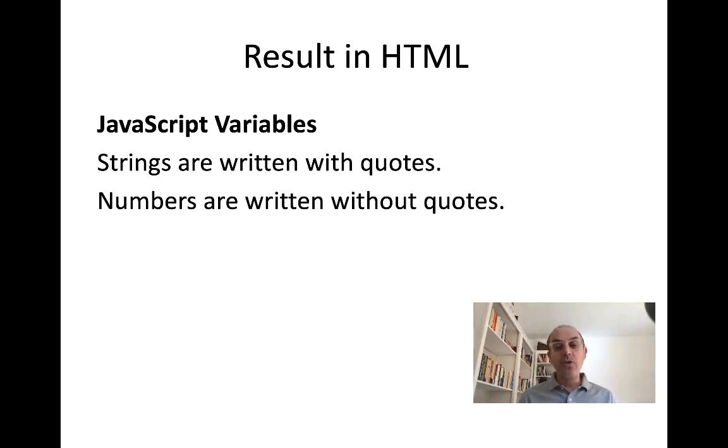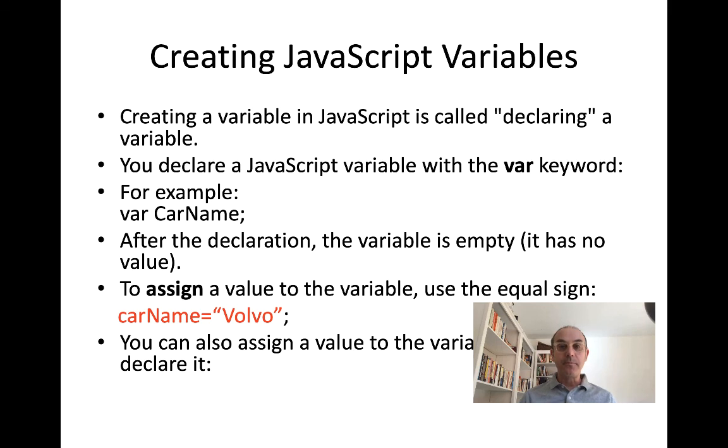So for JavaScript variables, strings are written in quotes and numbers without quotes, and I want you to remember that. When you are creating a JavaScript variable, you have to declare the variable. For example, declare it with the var keyword: var carName. After the declaration, the variable is empty because it doesn't have a value.